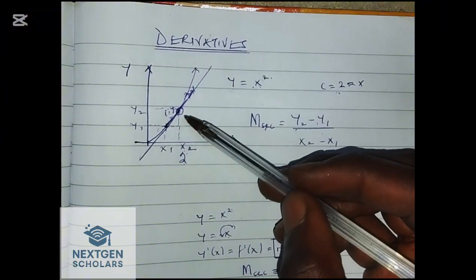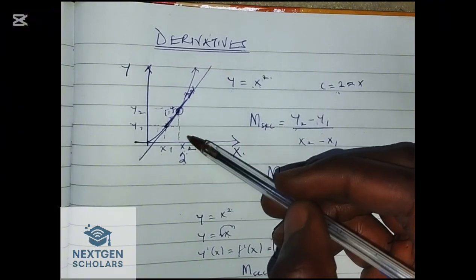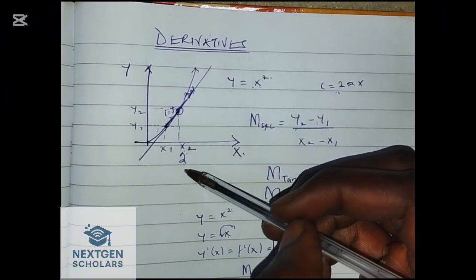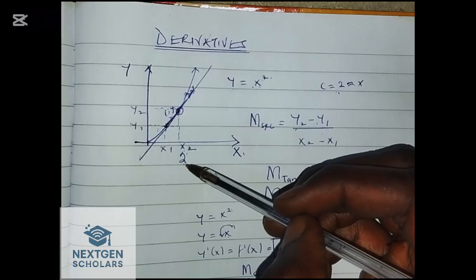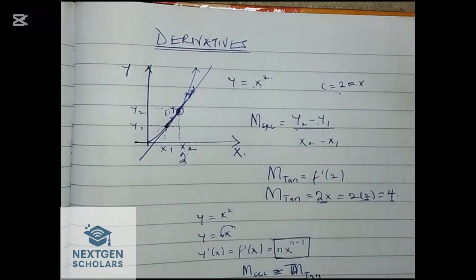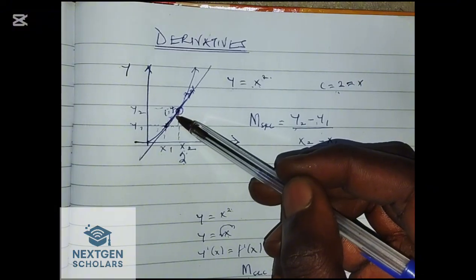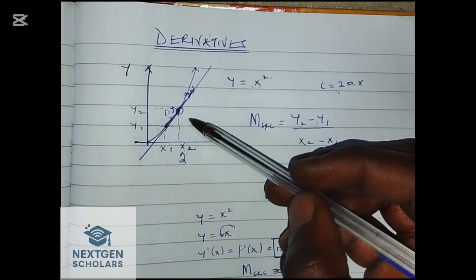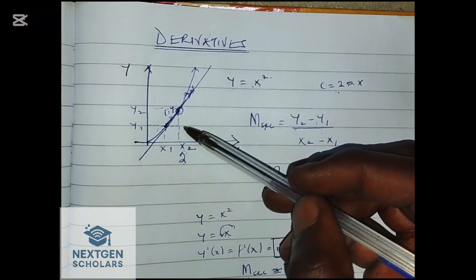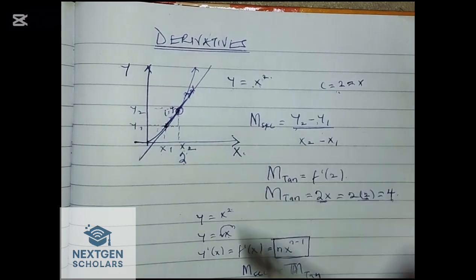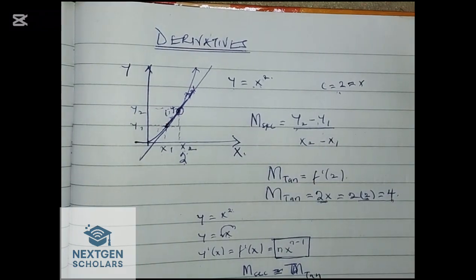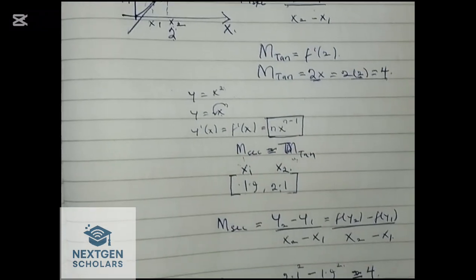So if you pick any two numbers such that the average gives you 2, those two numbers will have different distances from 2, and they will give you different results. So trust me, pick two numbers very close to 2 from either side and use the secant line. That will be a good approximation of the tangent line.